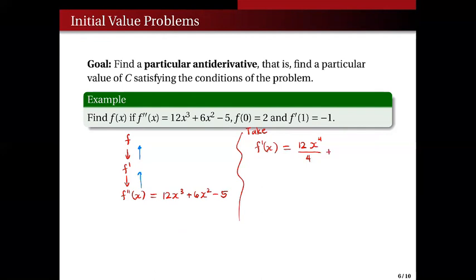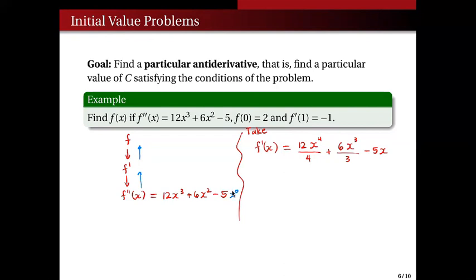And then plus, we have 6. This time you have x squared, so you add 1 to the power and then divide by that new power. And then minus 5x. So how is that? Take note, 5 here is just 5x raised to 0. And by convention, x to the 0 is just 1, if x is treated as a variable.